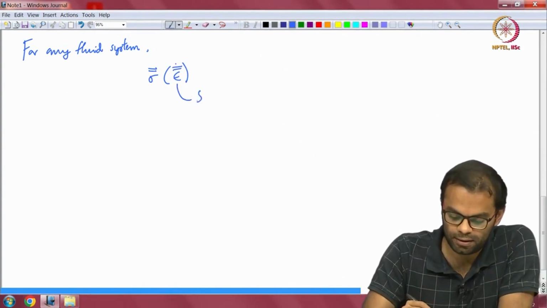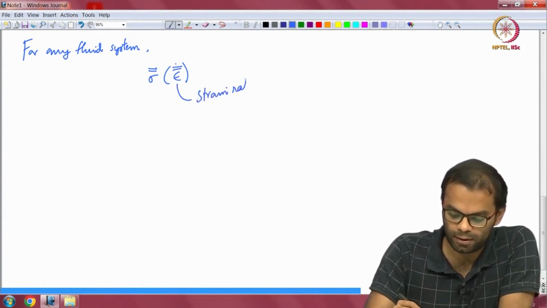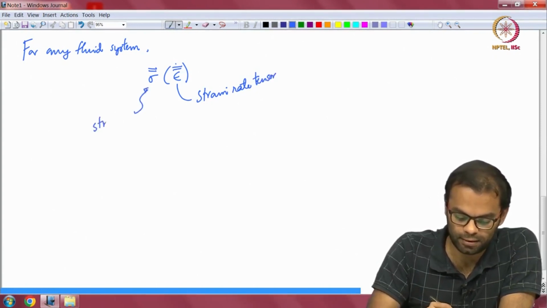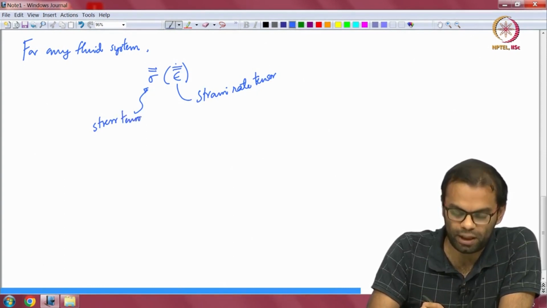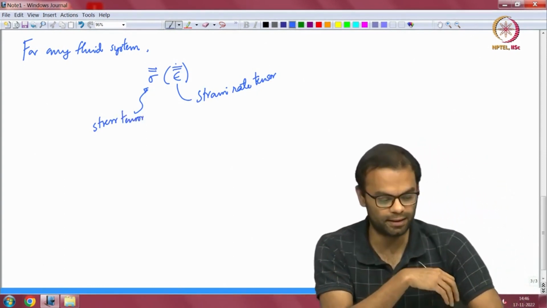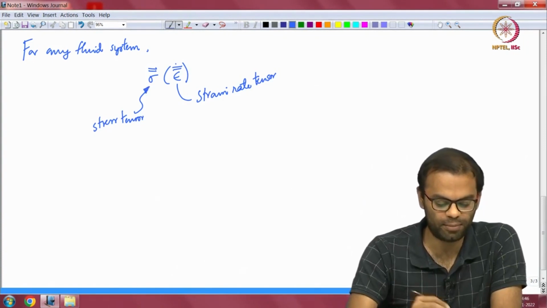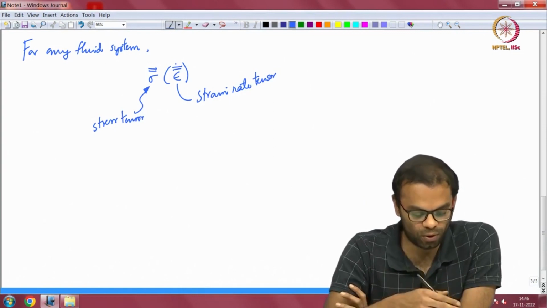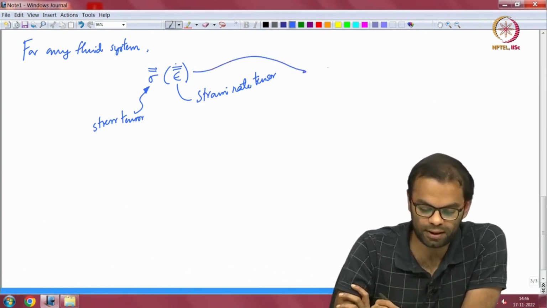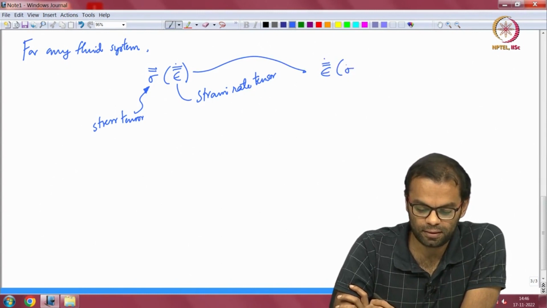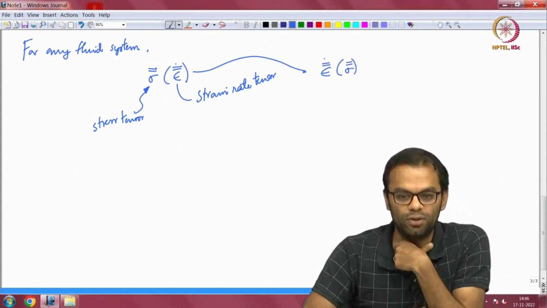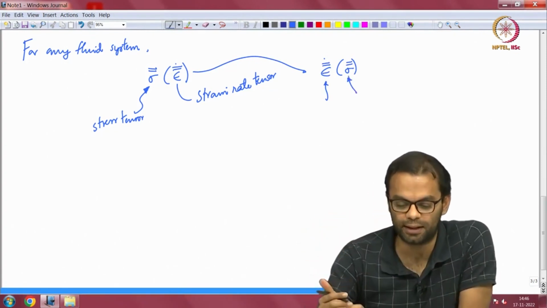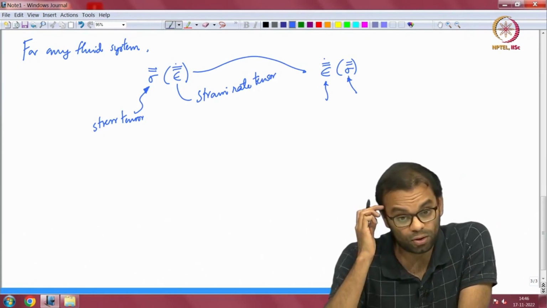So, this is your strain rate tensor and this is your stress tensor. It could be any of the stress tensors, could be any of the strain rate tensors, depending on which configuration you are looking at, but those details are not important for us. Basically, the fluid flows in response to an applied stress, shear stress, boundary velocity, pressure gradient and so on, okay.